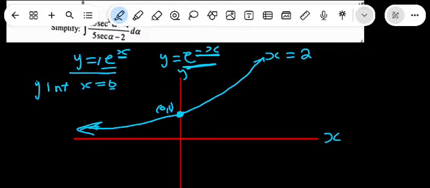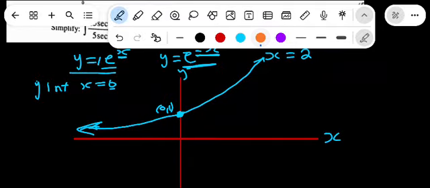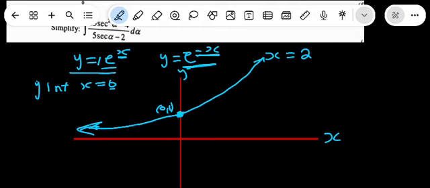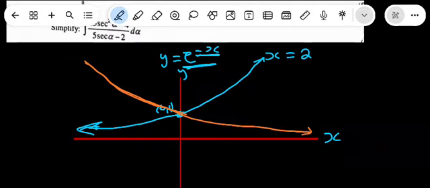It's the same thing, just the reflection of the original graph. It will cut in exactly the same value, but now it will be decreasing like this. It won't reach 0, it will go like that. That will be just the opposite of that.